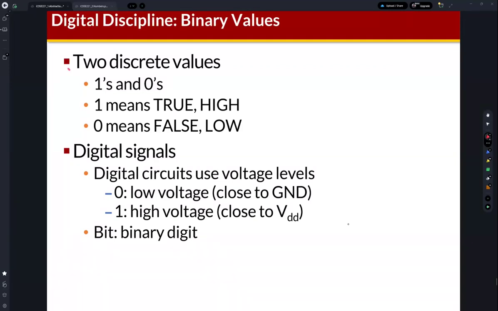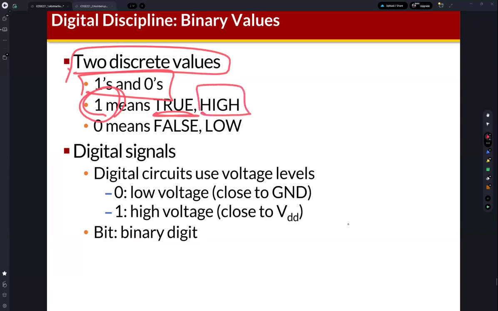I said that digital signals have only two values, 1 and 0. We use 1 for the meaning of true. If a certain value is true, we can use 1, or high.